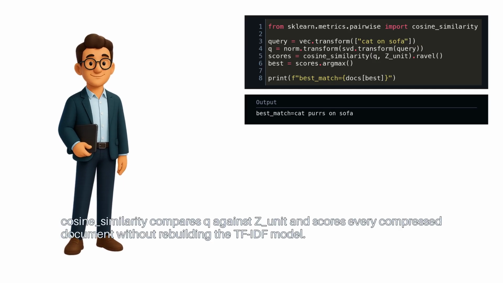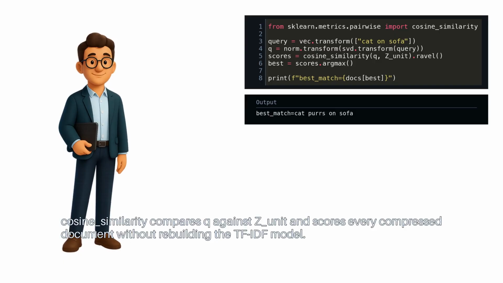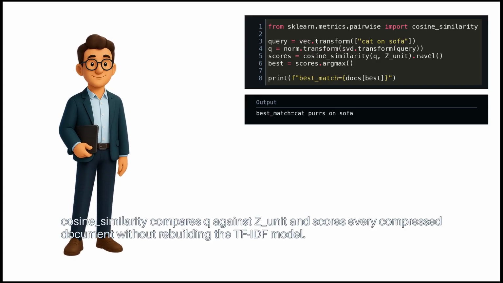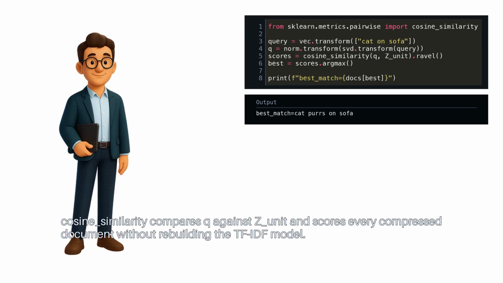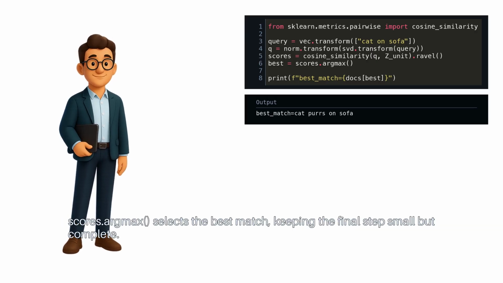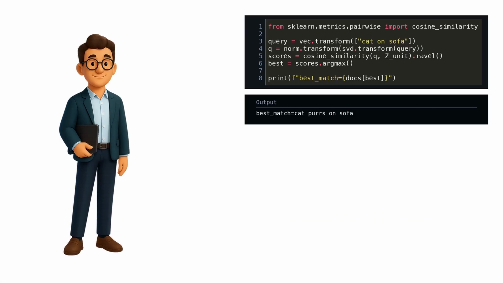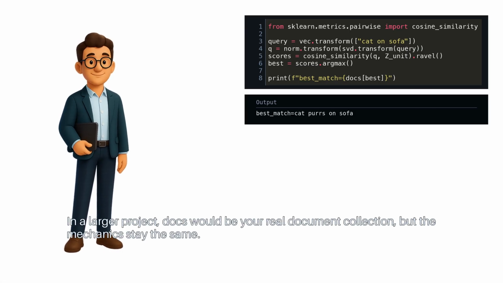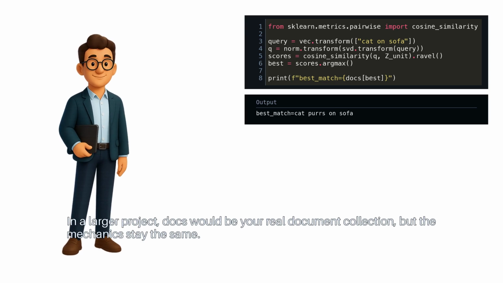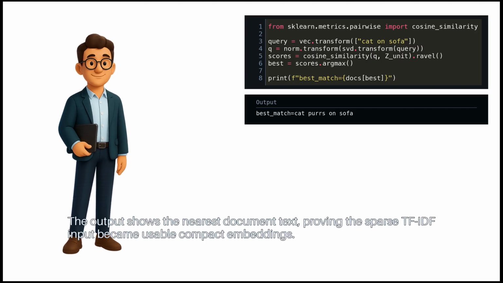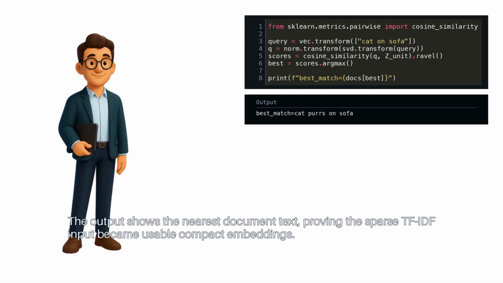Cosine similarity compares Q against Z_unit and scores every compressed document without rebuilding the TF-IDF model. scores.argmax selects the best match, keeping the final step small but complete. In a larger project, docs would be your real document collection, but the mechanics stay the same. The output shows the nearest document text, proving the sparse TF-IDF input became usable compact embeddings.